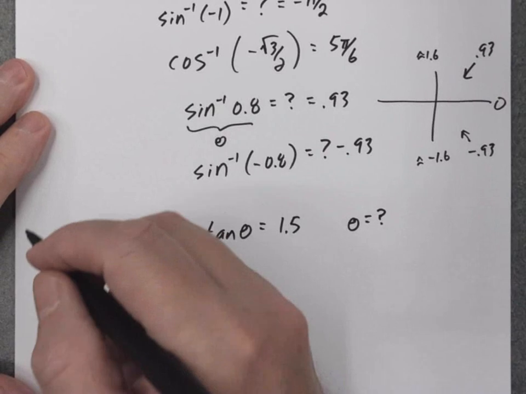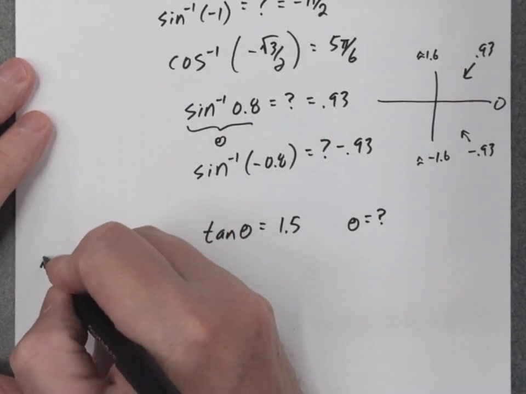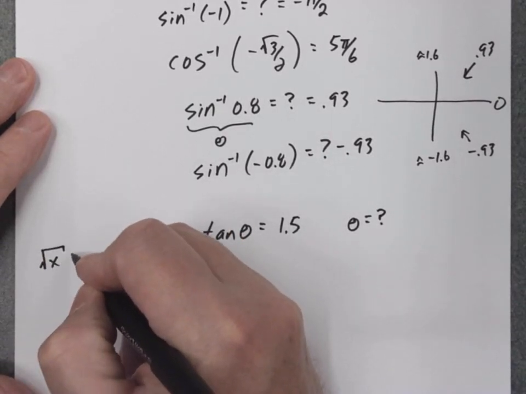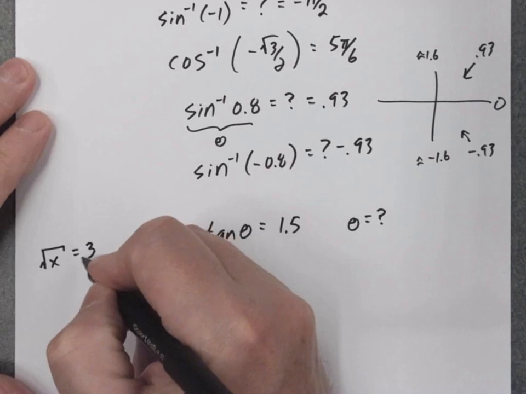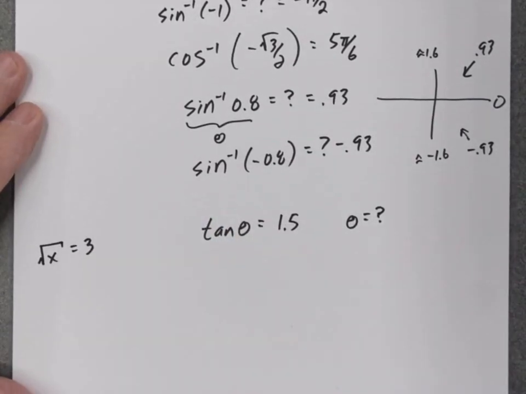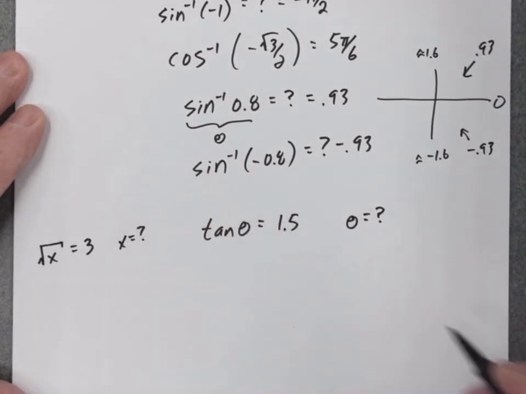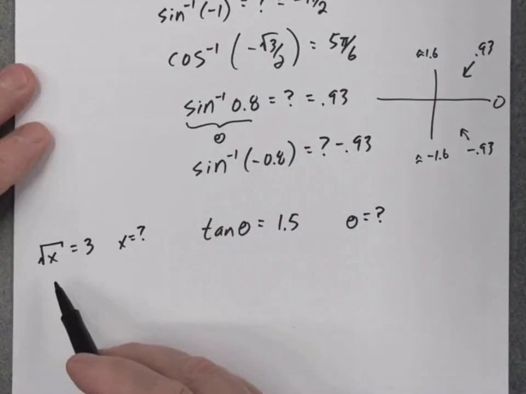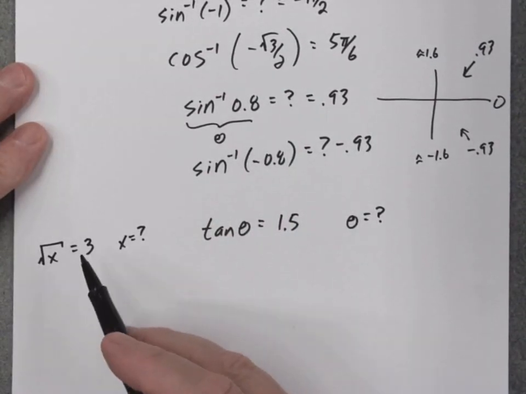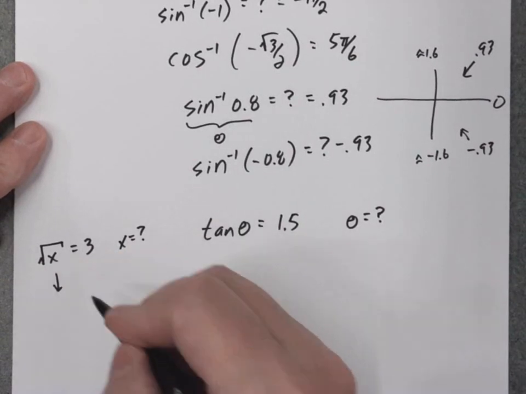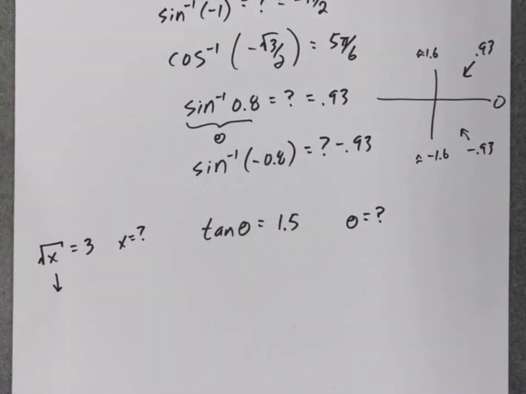Let's go back to algebra. What if I was given this problem to solve? I want to know what x is. I have square root of x equals 3. Somehow, I need to get this from square root of x to x.